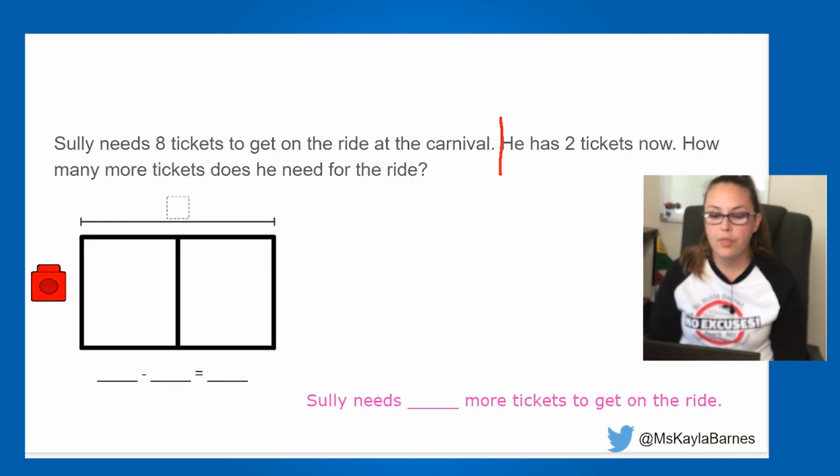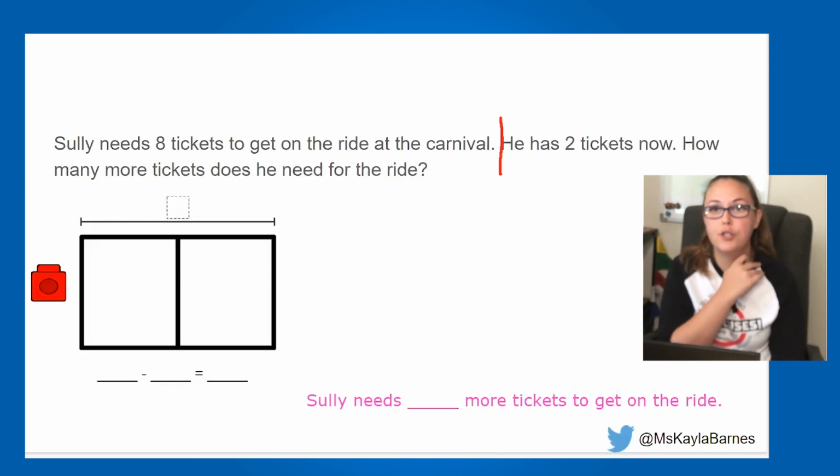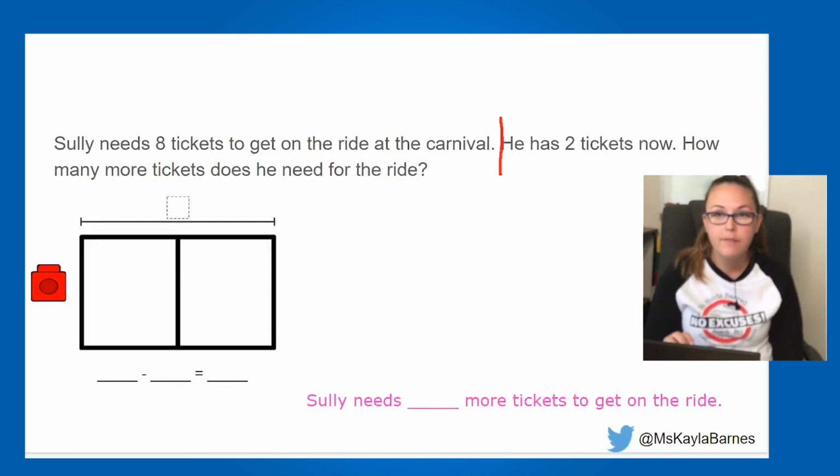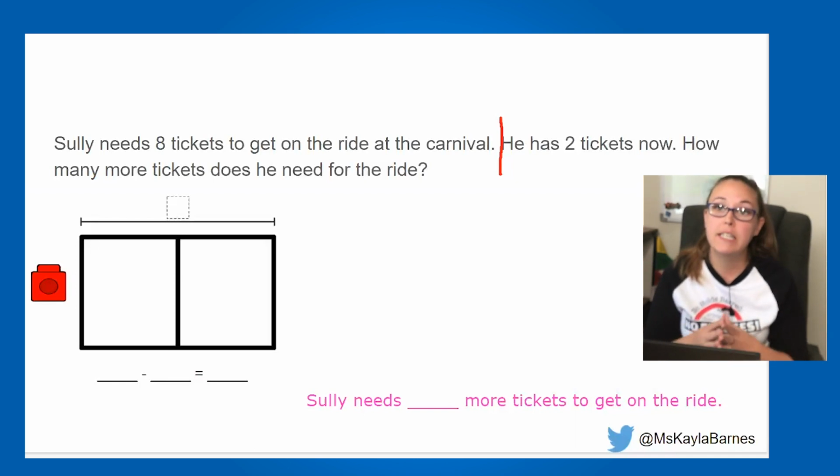We also know that subtraction problems start with the total number of objects that we have. Does 8 reflect the total number of objects that we have? Sully doesn't have 8, but that's how many he should have if he wants to get on the ride.